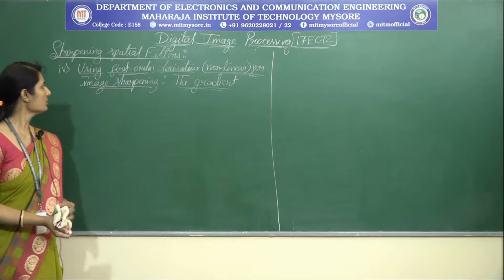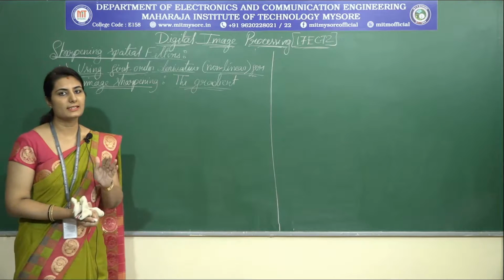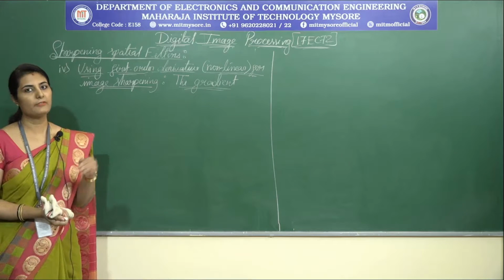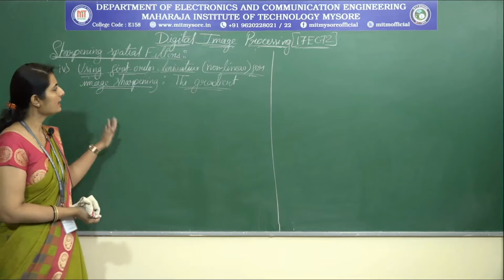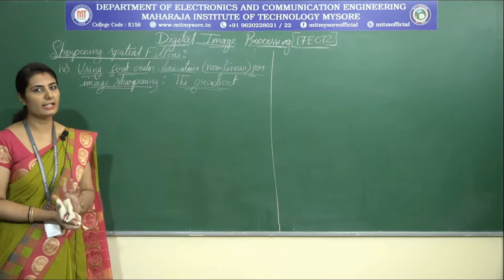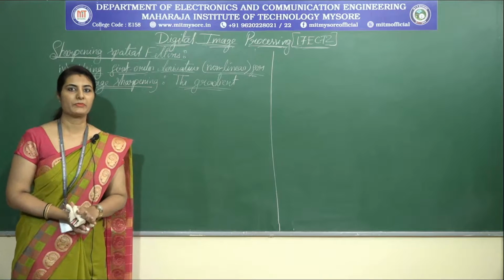Okay, so in my previous class we discussed the Laplacian. There we used the second order derivative for sharpening the image. Now in this case we are using the first order derivative for sharpening the image, that we call the gradient.